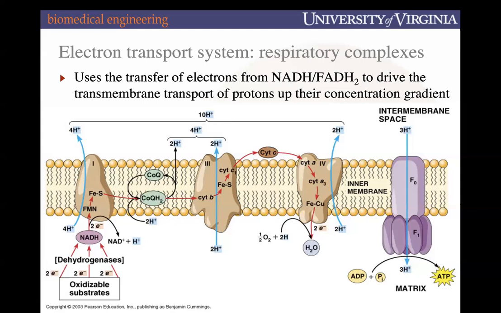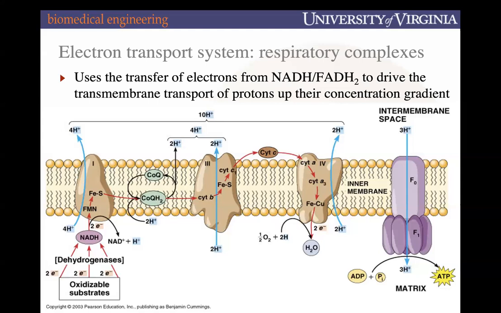What's key to note here is that when the electrons are donated to these protein complexes, as I'm sure you all remember from physics and chemistry, electrons have a charge. When they're donated, that charge is going to induce a conformational change in these protein complexes. That conformational change is what allows hydrogen ions to flow across into the inner membrane space.